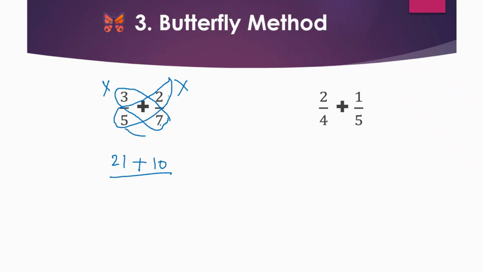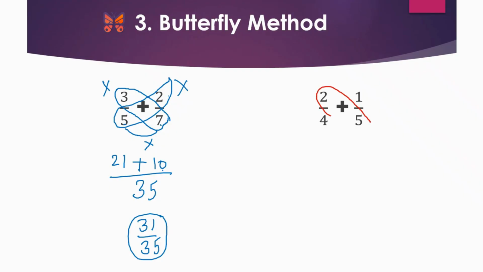In the denominator, just multiply them. 5 times 7 is 35. Now add them. 21 plus 10 gives you 31 over 35. That's it.